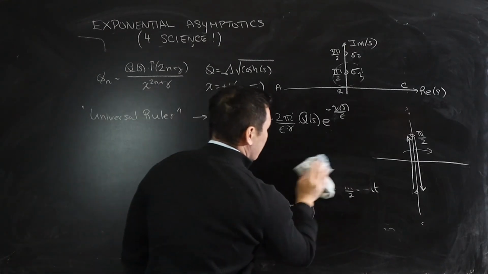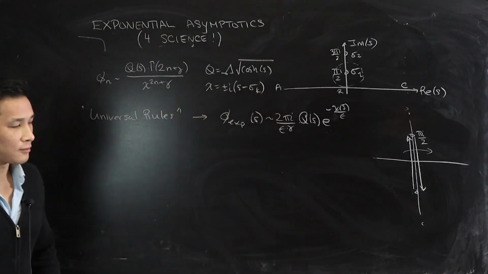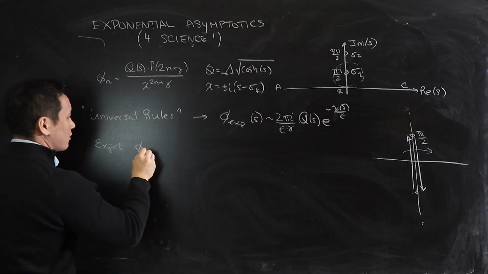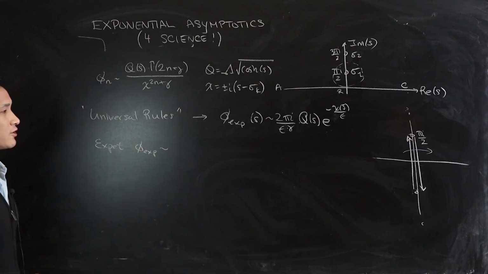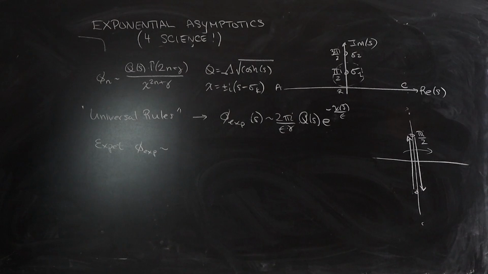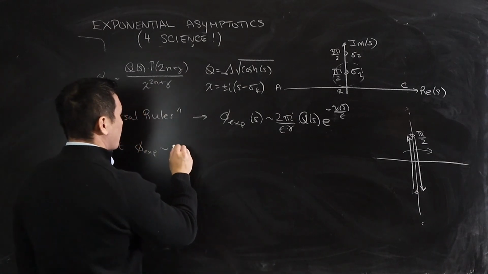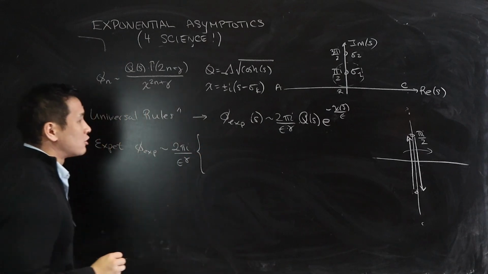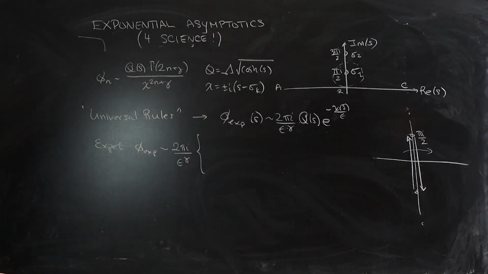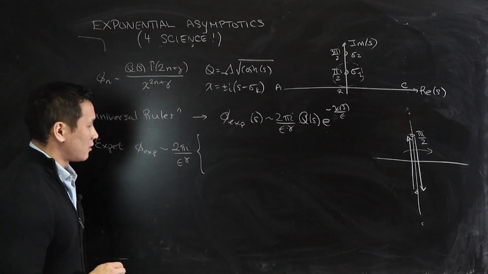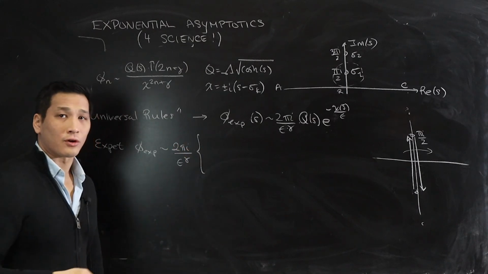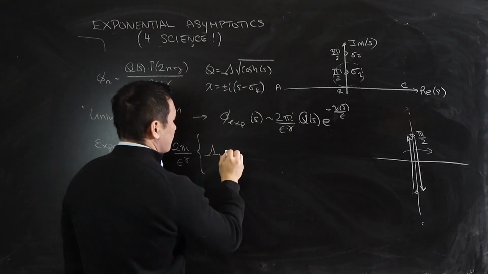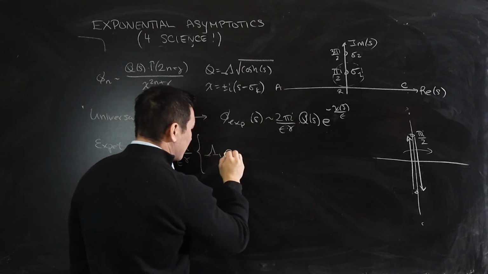So you would expect that your exponential, if I just add the two most immediate contributions, I would have 2 pi I over epsilon to the gamma. I'm going to assume that the gammas for both are actually the same, but I'm going to explain that in a second. I'm going to have a lambda 1 here times a e to the minus chi.